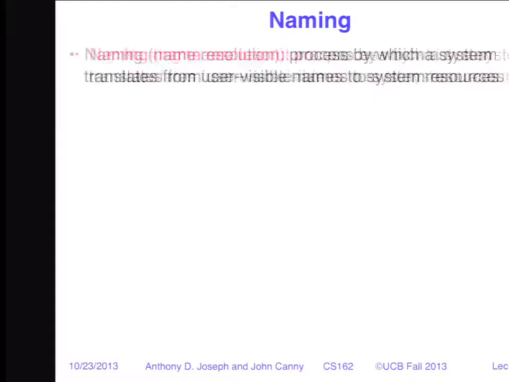So this is naming. And more formally, naming or name resolution is the process that the operating system uses to translate from some user-visible, intelligible, understandable name into some system resource. And we're going to see this again and again and again. Right? I don't remember my machine at MIT by 18.26.4.9.